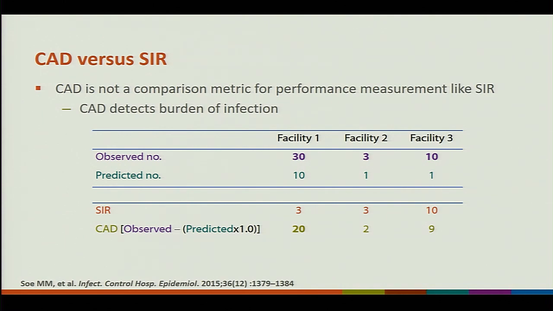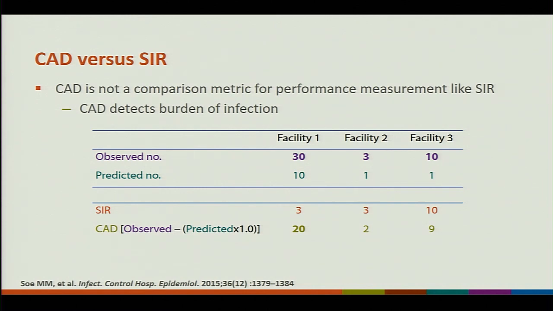Not really good, but when we look at the numbers, the observed versus predicted, facility 2 seems to be a much smaller facility, with 3 infections and 1 predicted, which gives it a CAD of 2 excess infections, compared to facility 1, which has 20 excess infections, and those facilities have exactly the same SIR. What it means is that facility 1 just has an excess burden of infection.